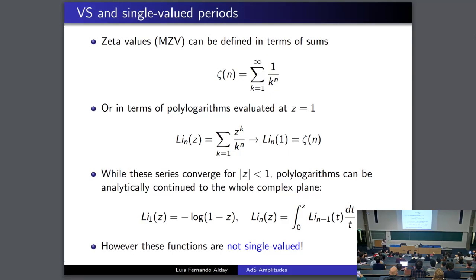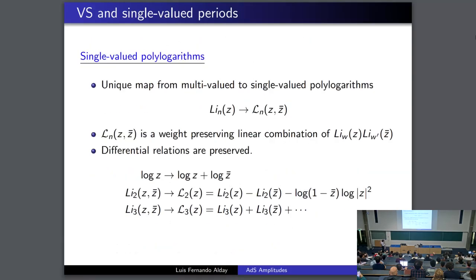And they work hard, and they could prove that actually one can define what is called single-valued polylogarithms. And it turns out that there is a unique map which takes these multi-valued polylogs to single-valued polylogarithms.